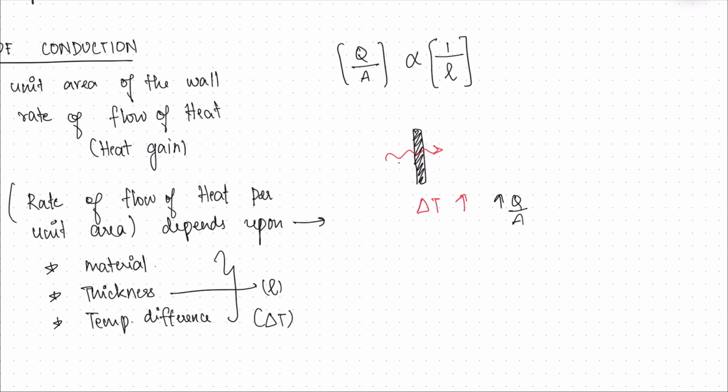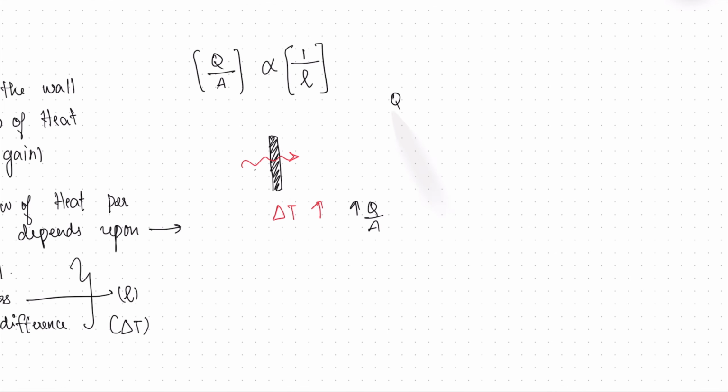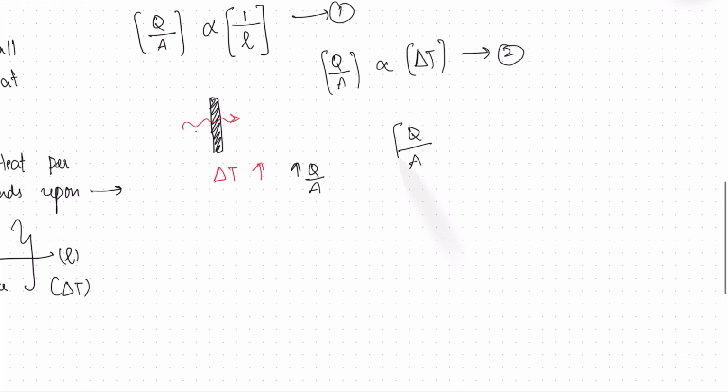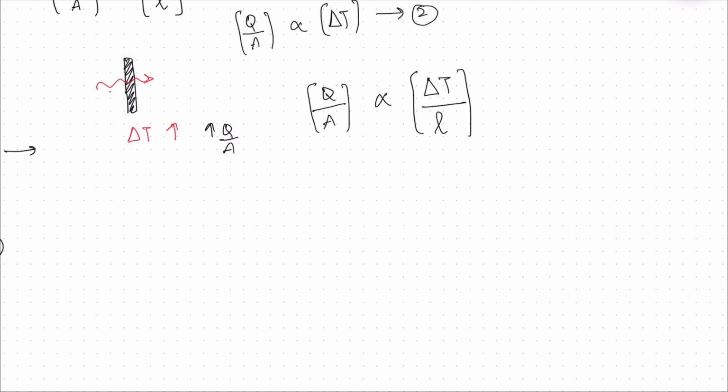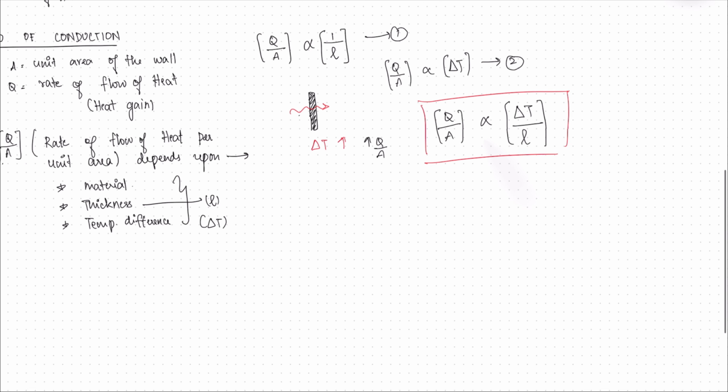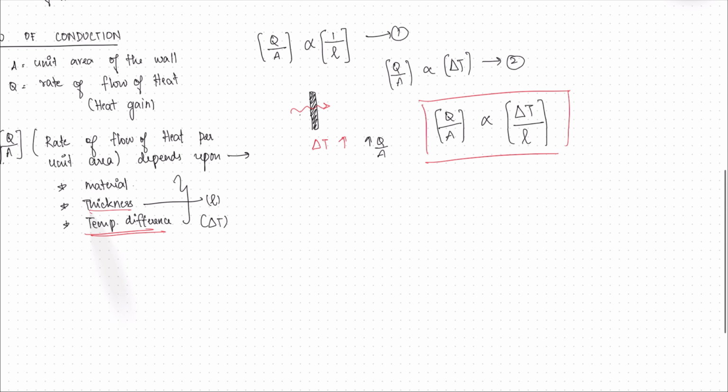Your Q by A is directly proportional to delta T. Now, considering these two relations, you can say your rate of flow of heat per unit area is directly proportional to temperature difference divided by the length of the surface or wall. This is taken from these two factors that the rate of flow of heat depends upon.